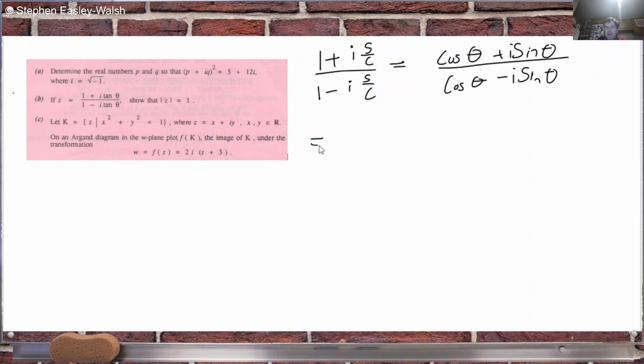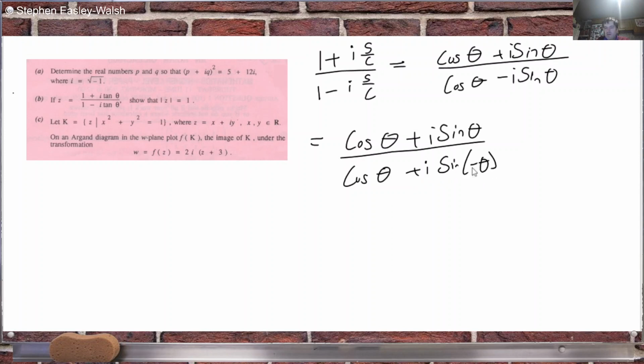Because you have now cos theta plus i sine theta over cos theta minus i sine theta, and because sine is an odd function, you're allowed to put the minus in, and then because cos is an even function, it doesn't care if there's a minus on the angle. So that would become cos minus theta plus i sine minus theta.